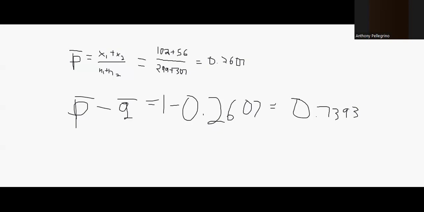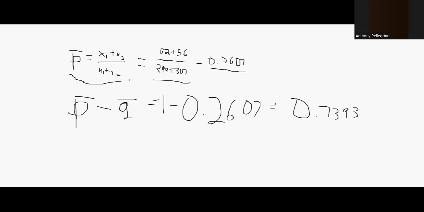So to find the mean value between both of them, we would use the formula: the mean P equals x1 plus x2 all over n1 plus n2. So once you put in those values, it would be 102 plus 56 over 299 plus 307, and we would get 0.2607.